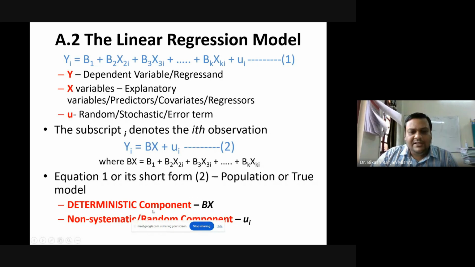Broadly, this deterministic component, which we can determine, will be subject to change, either by the market mechanism or any mechanism revolving around us. And there is something called the non-systematic or random component, because everything cannot be modeled in a very simple manner by telling the dependent and independent variable kind of arrangement.